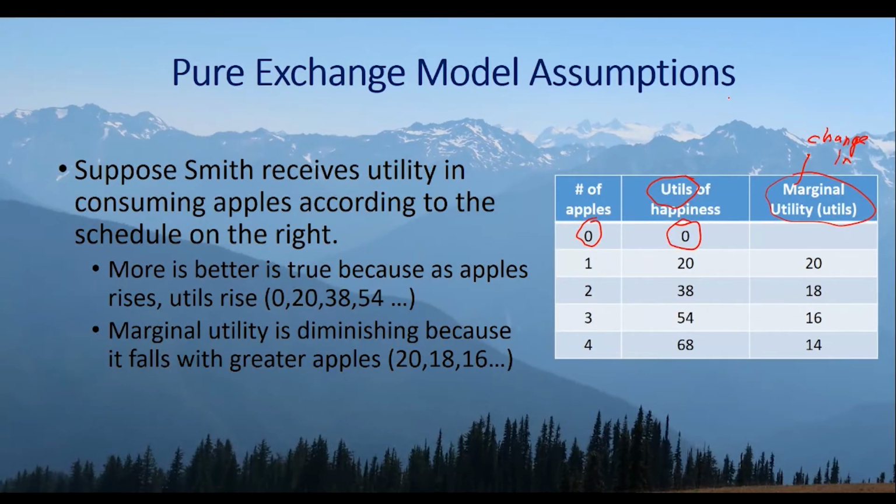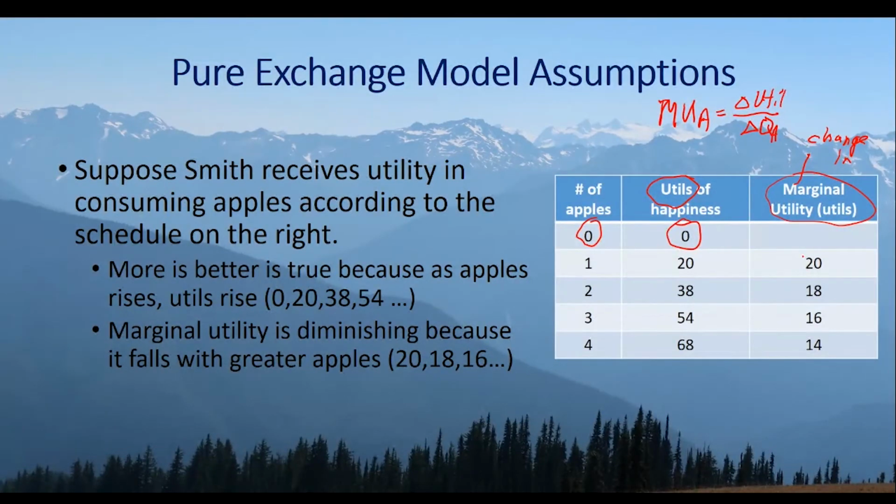So marginal utility, I could write it this way, is the change in utility given a change in the quantity Q of apples that are consumed. It's the ratio of those two. Delta is a mathematical term representing the change in something. So the change in utility given the change in the quantity of apples consumed is how we would measure the marginal utility of apples. So MUA is equal to the change in utility given the change in the quantity.